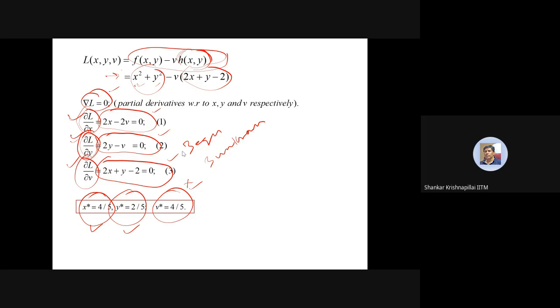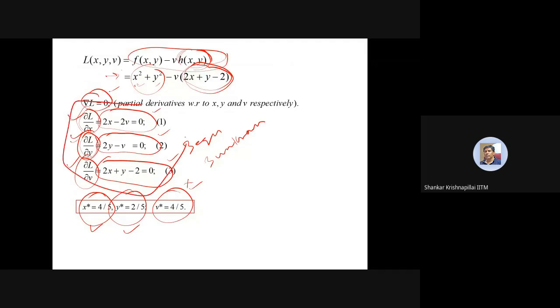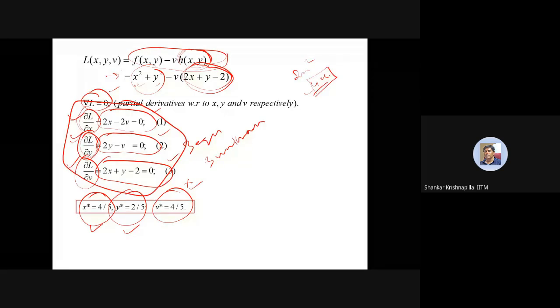So some equality constraint problems you can do like what you said, replacing the variable, but not all. This method is much easier to solve than the substitution method. Also, when you take partial L by partial x equal to 0 and partial L by partial y equal to 0, some higher terms will go away. For example, 2x squared will become 4x when you take the derivative. The terms will become simpler.